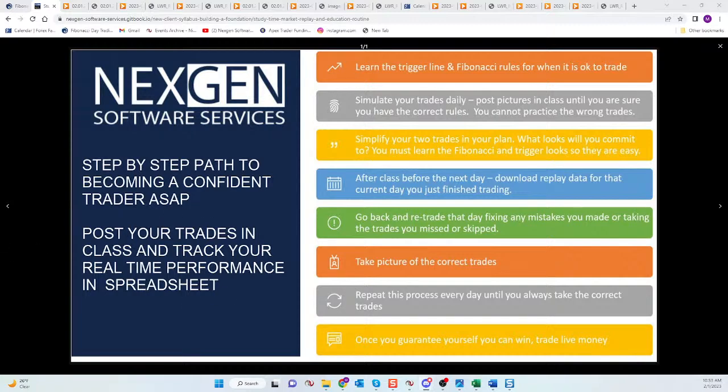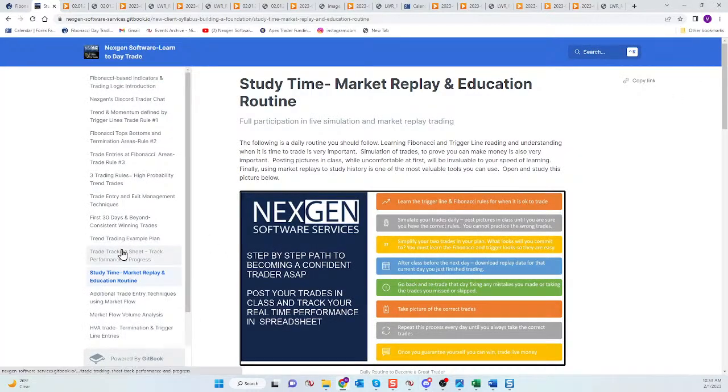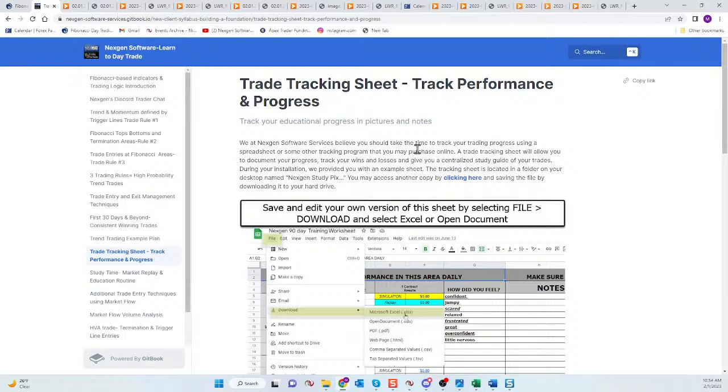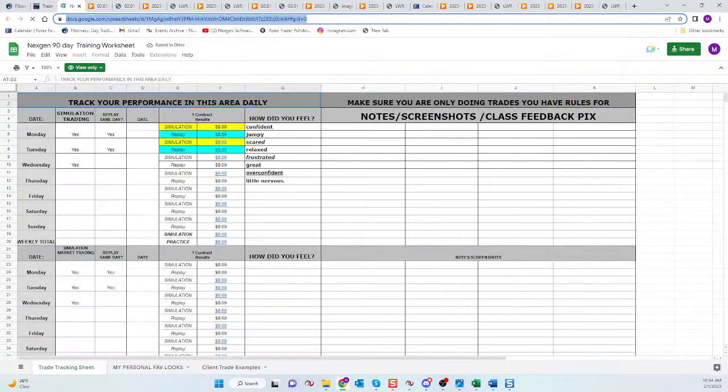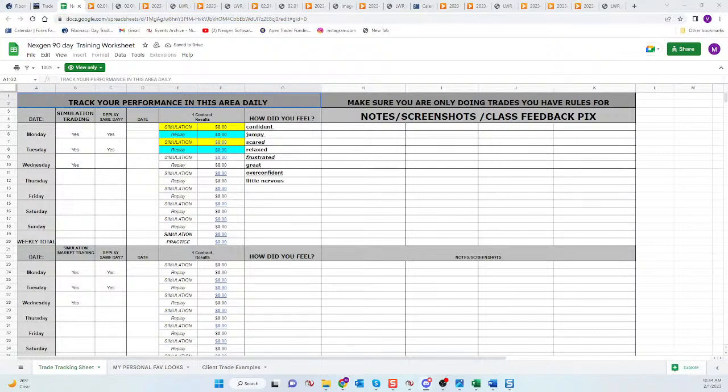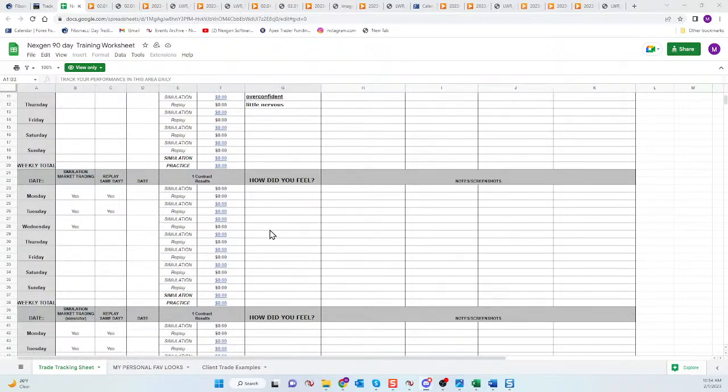Then tracking in a spreadsheet, and that's the one that I want to cover in the last couple minutes here. Nexgen's provided you with this amazing spreadsheet. If you're brand new, it is in your study pick section, and it's right there, just waiting for you to use it. Page 1 is your trade tracking sheet, guys.